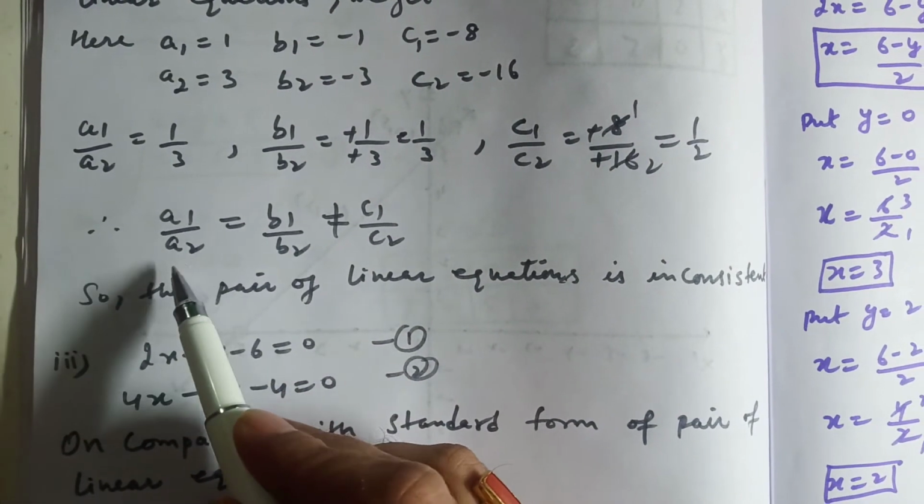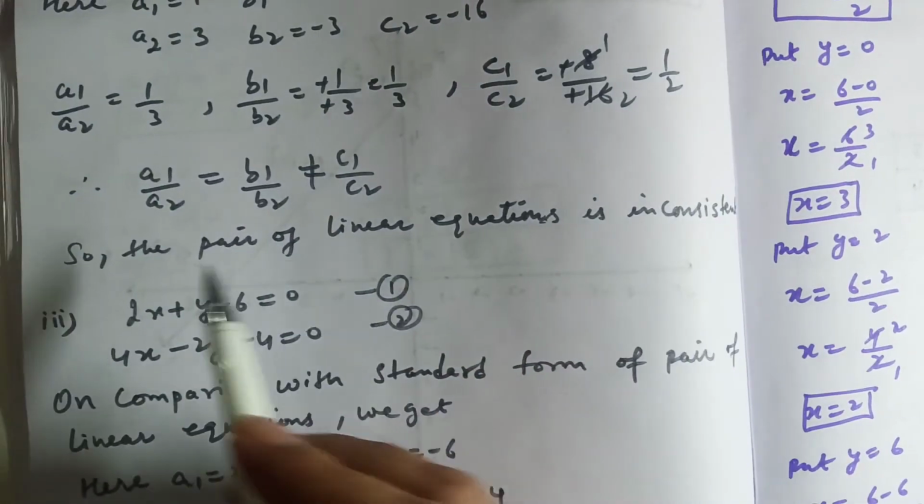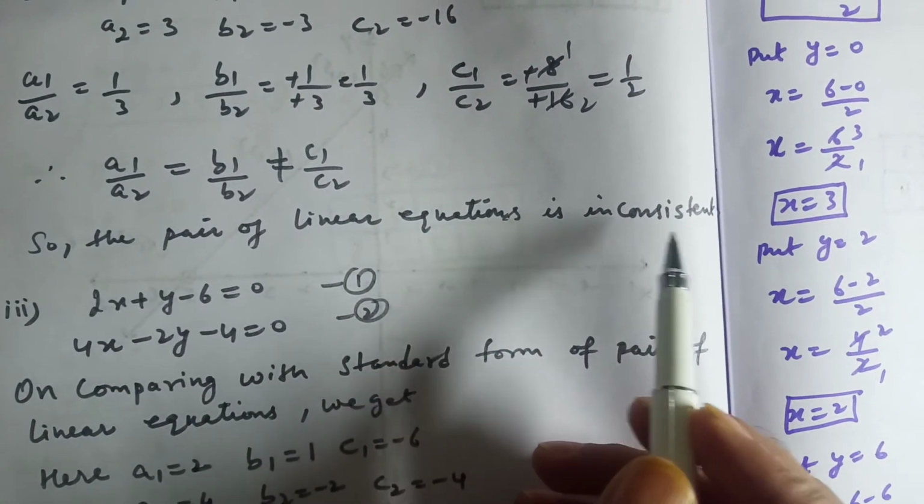Therefore, a1 upon a2 equal to b1 upon b2 not equal to c1 upon c2. So, the pair of linear equations is inconsistent.